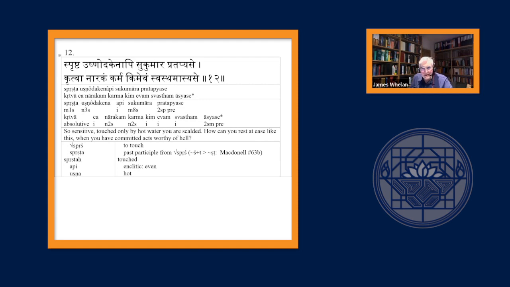And so narakam, we distinguish the a by putting the macron, and the same with the i and the u. However, e and o are always long, and so you never need to put the diacritical mark. So for example, here in evam, it's not evam, but evam, always long. And at the end, asyase, not asyase, but asyase.